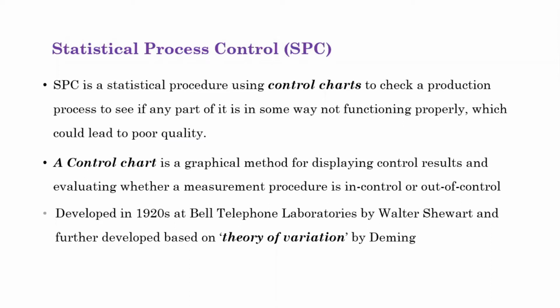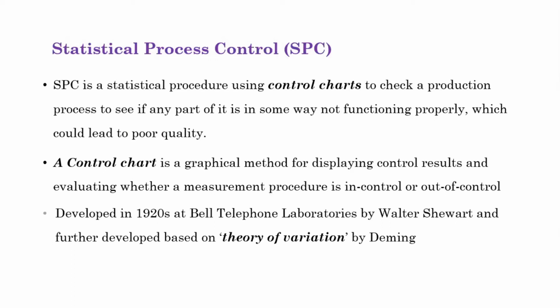But here, even though we are going to take samples, we are going to see them on a per sample basis, and would be plotting the summary of each sample output in order to see whether the process is functioning normally or there is some sort of problem within the process.